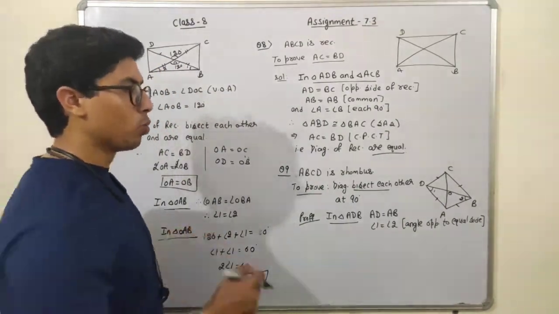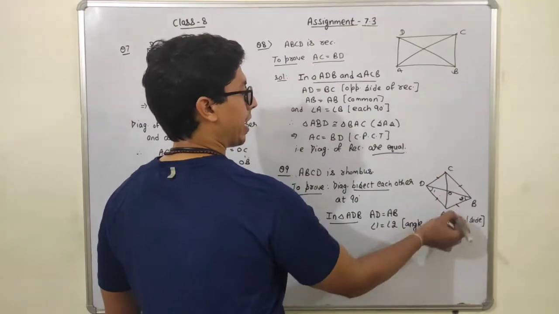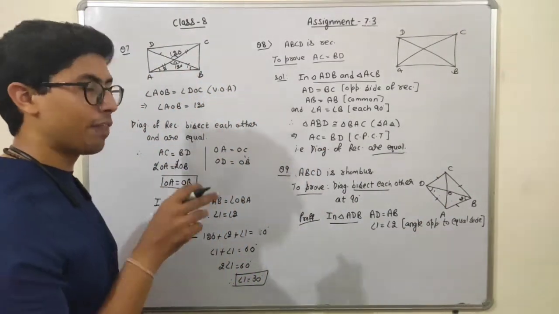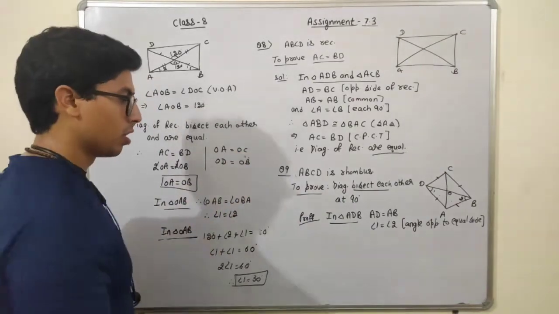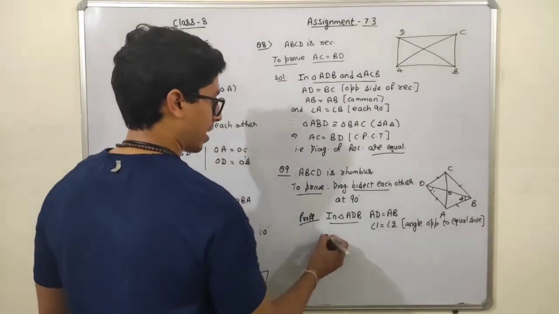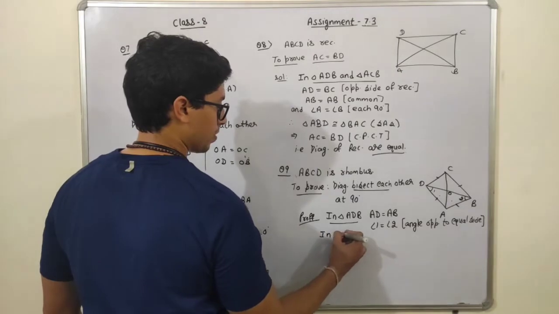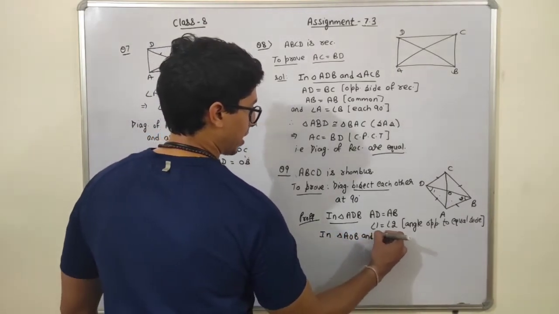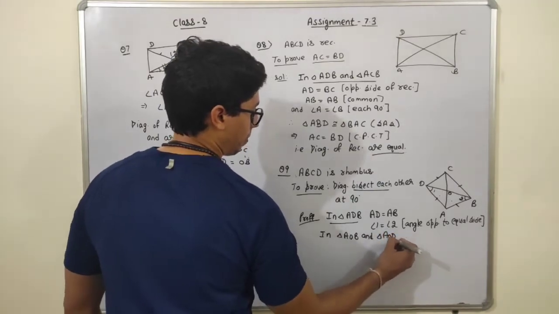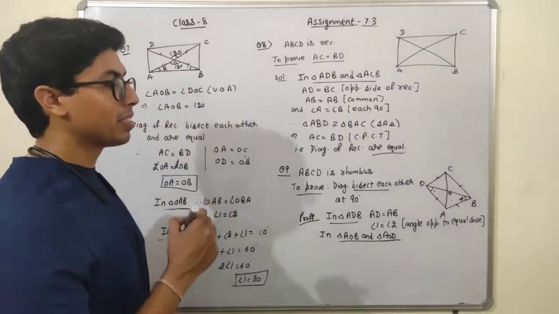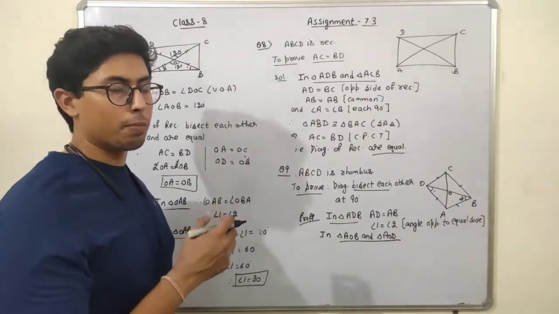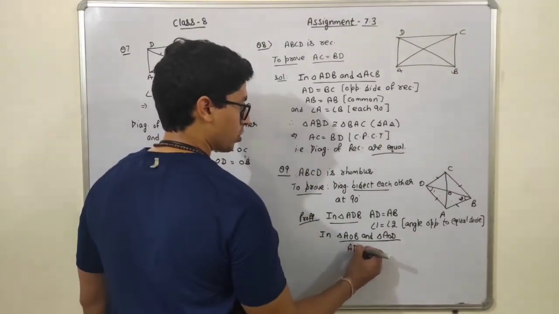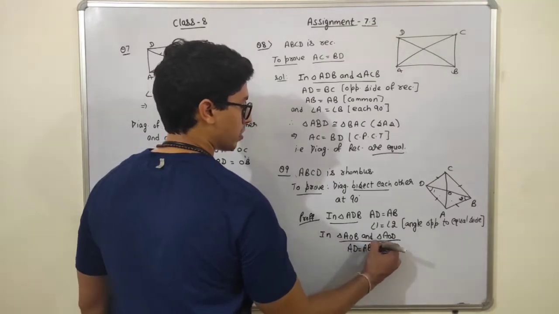Now students, I will take this triangle and this triangle, that means triangle AOD and triangle AOB. I will prove these two triangles congruent. So in triangle AOB and triangle AOD, AD is equal to AB, because all the sides of a rhombus are equal.